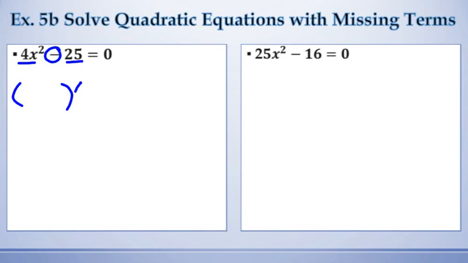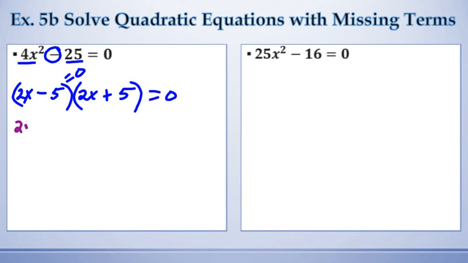So one's going to be positive and one's going to be negative. The square root of 4x squared is 2x. Square root of 25 is 5. So I have two binomials, 2x minus 5 and 2x plus 5. Both of them have to equal 0.